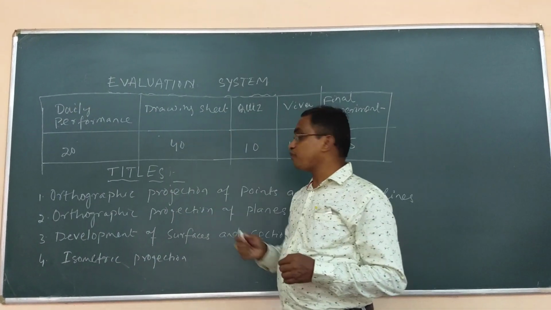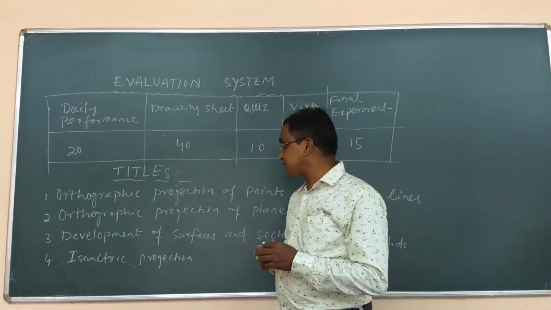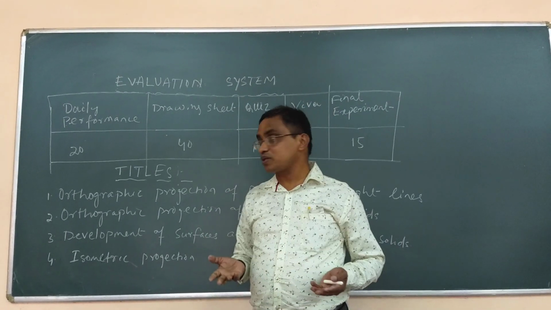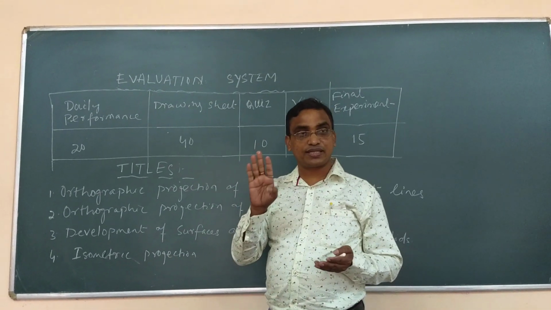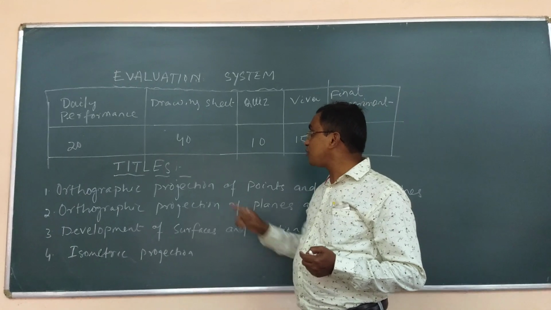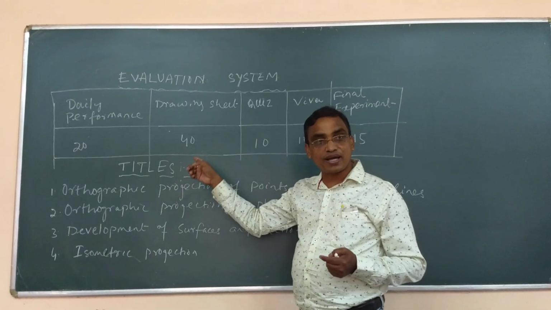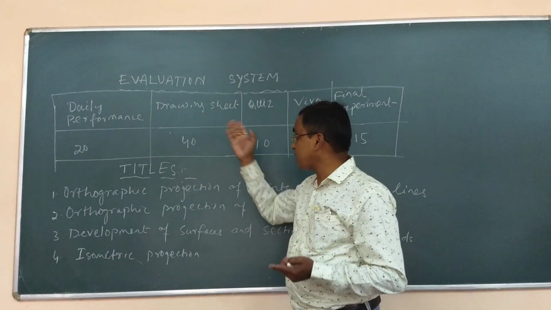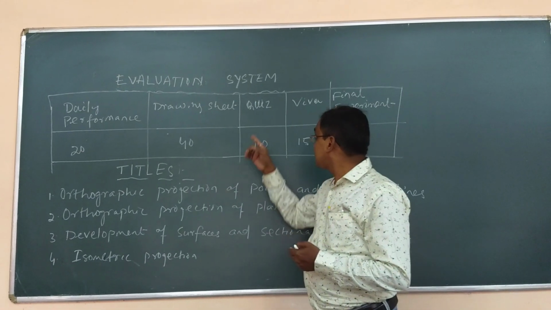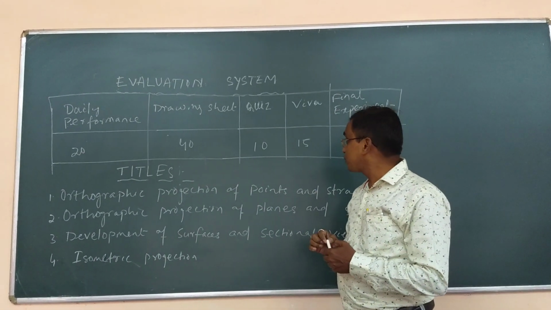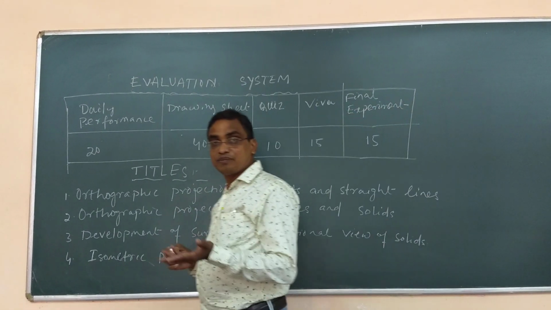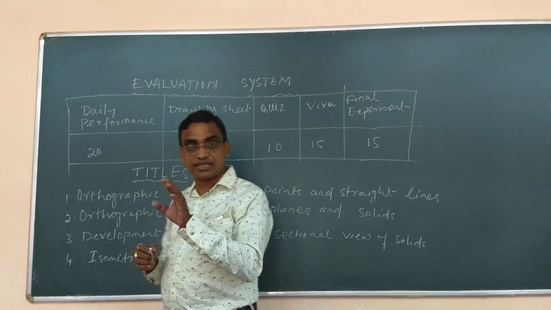Now, drawing sheets are 40 marks. We will discuss four drawing sheets during a semester, and the full mark of each drawing sheet is 10 marks. 10 into 4, 40 marks. Next one is quiz, 10 marks. Very simple, short questions you have to answer.